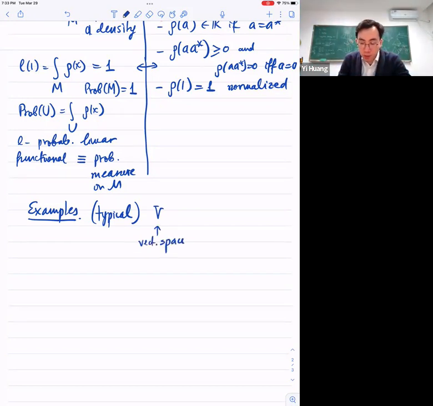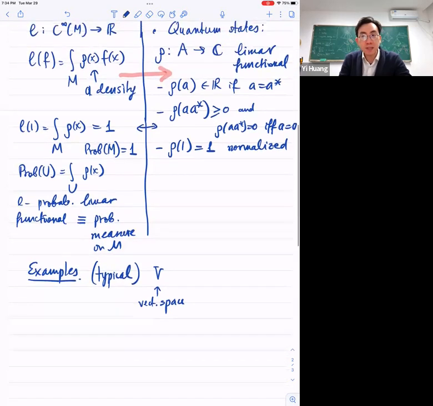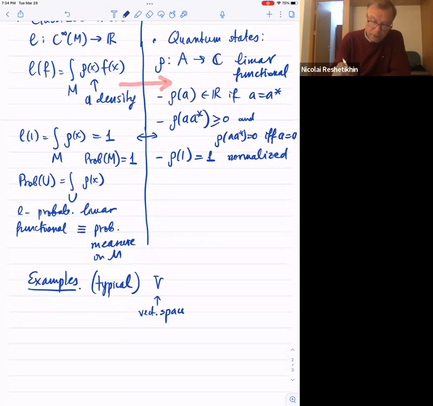So the quantum analogy for observables: really, should we be thinking of it as AR or AC or the whole structure? These are very special linear functionals on AC.